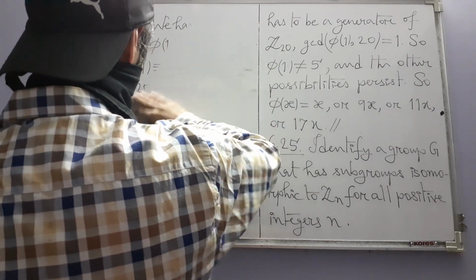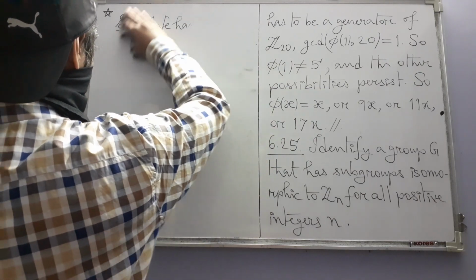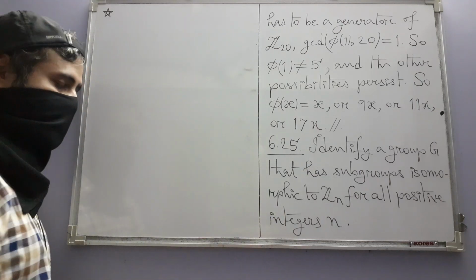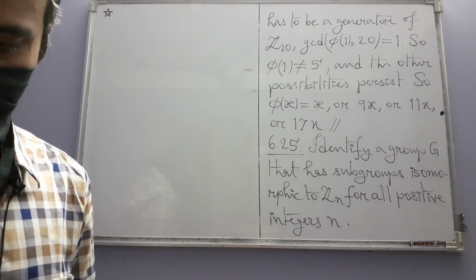For this kind of group, you have to look in the system of complex numbers. That is the hint.